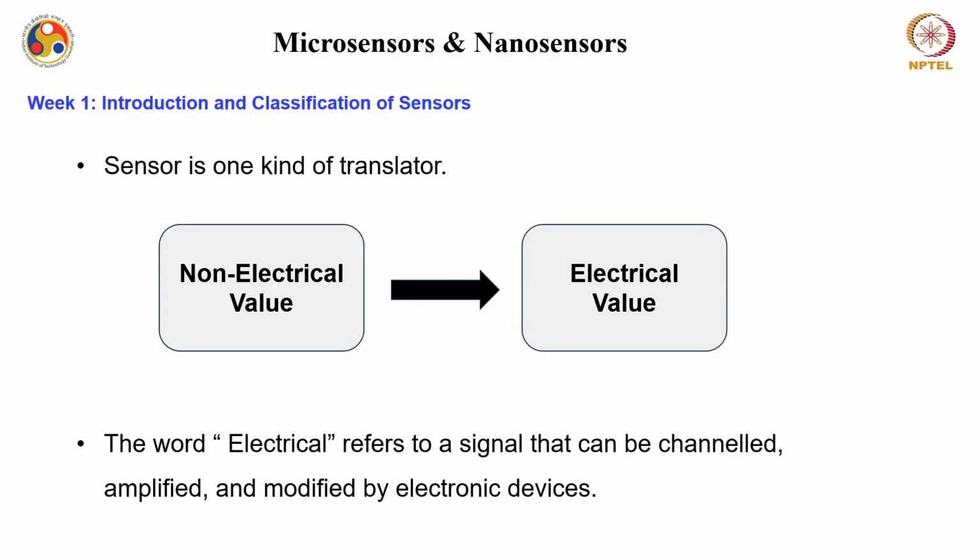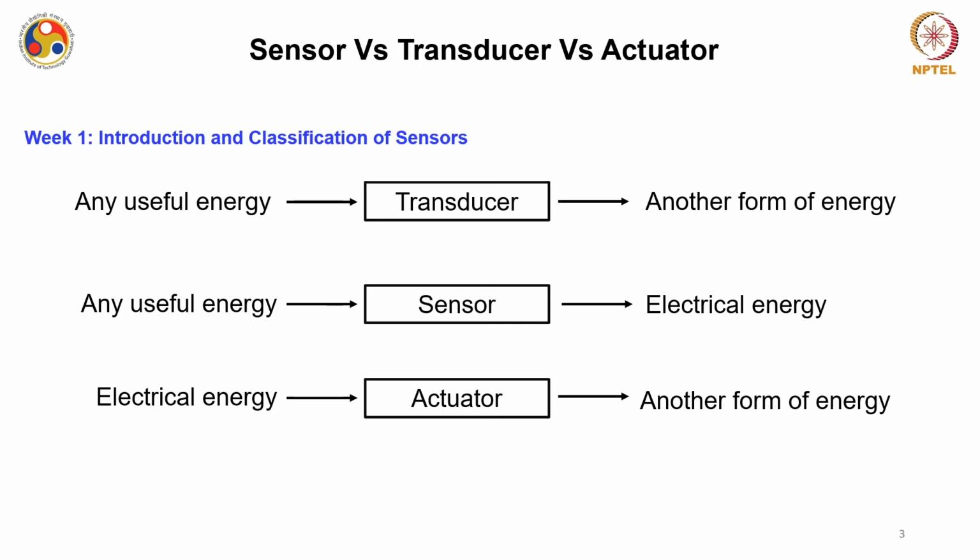A sensor, in terms of electrical engineering, is a translator which converts some non-electrical value to a certain electrical value. And here the word electrical refers to a signal that can be channeled, amplified, or modified by some electronic devices like a transistor or even an amplifier.